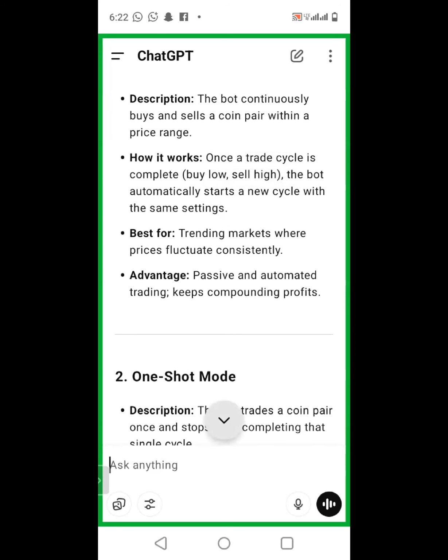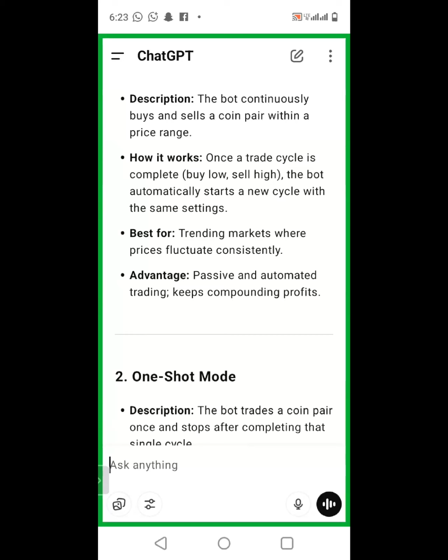Now, how it works: once a trade cycle is complete, what do I mean? I mean, buy low and sell high. When the trade cycle has ended, by buying low and selling high, the robot automatically starts a new cycle with the same settings. For you to use cycle, there are settings in the robot already, which we have done.